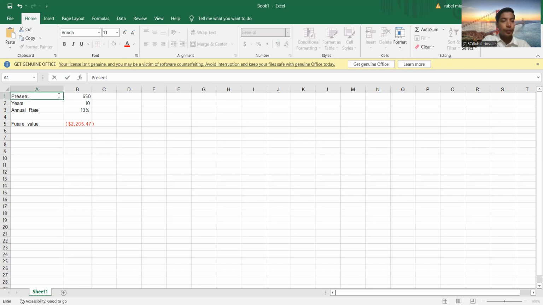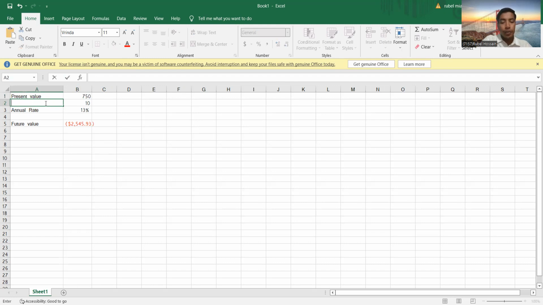Here in column B, you can see present value is 650. We can change the amount, no problem. So change the amount, you can write down 750. Okay, wrote 750.